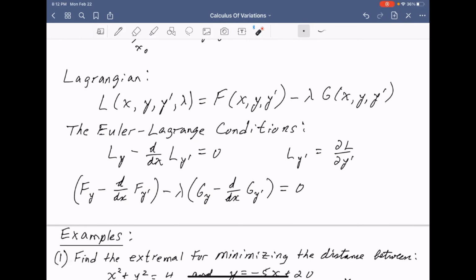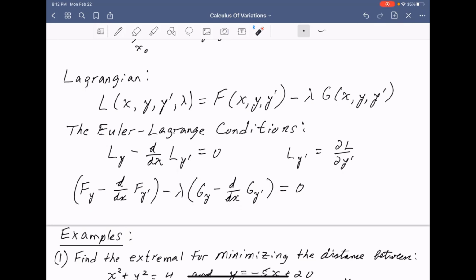Again, the Euler-Lagrange conditions, and now we have two of them: the first derivative of L with respect to y, minus the derivative with respect to x of the derivative of L with respect to y prime, has to be equal to 0. And then we have these two forms which look identical to this one.